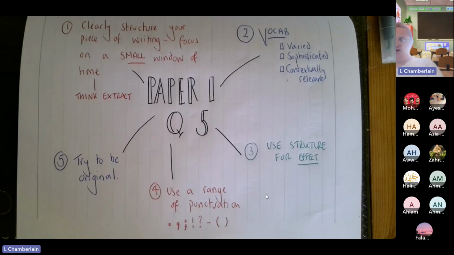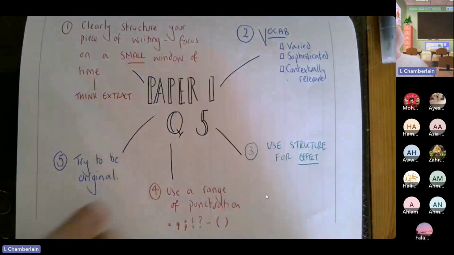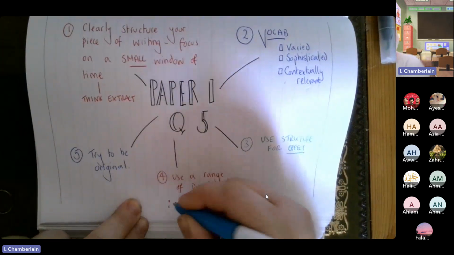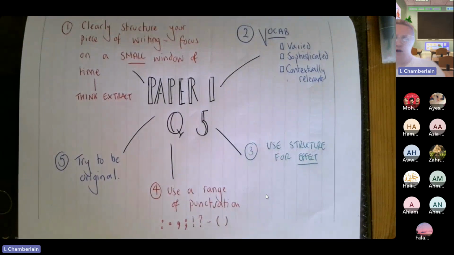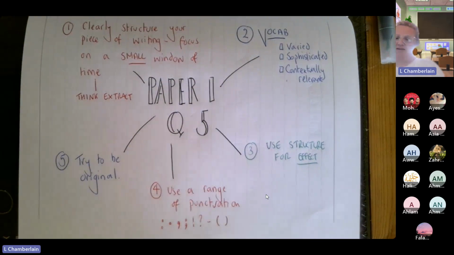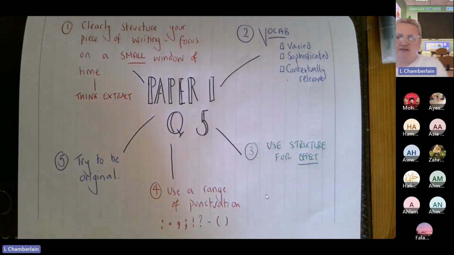Use a range of punctuation. Think about those preloaded sentences that we've talked about before, those sentences where you already know where to use a colon because you've practiced it, or those sentences where you already know where to use a semicolon because you've practiced it. Can you use a hyphen somewhere?